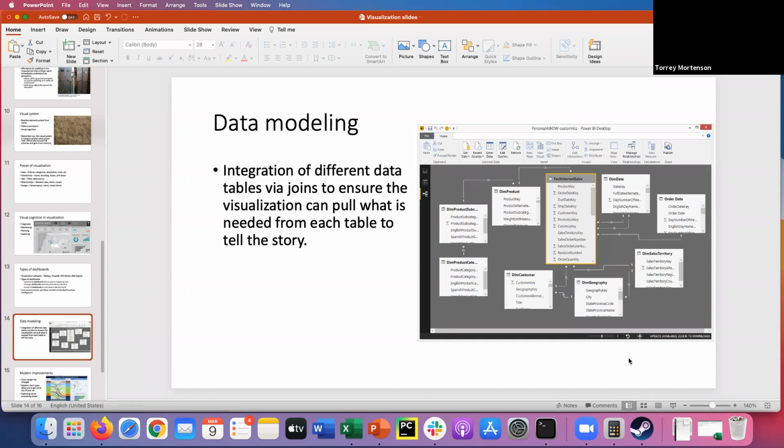But essentially, the idea is you get two data tables. They have different information in them, but they have some commonality. Let's say they have a date column, and they're all pulled from the same date framework. The data matches, so it's compatible. So you can join two data tables by anchoring on that date. A unique identifier is another one.